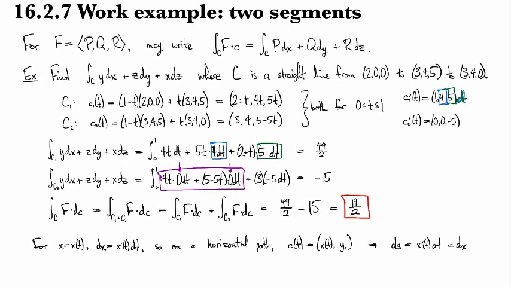So the integral of some scalar function ds on such a curve ends up being the integral just with respect to dx. And so you can see sometimes components will drop out depending on the direction that the curve is moving in.